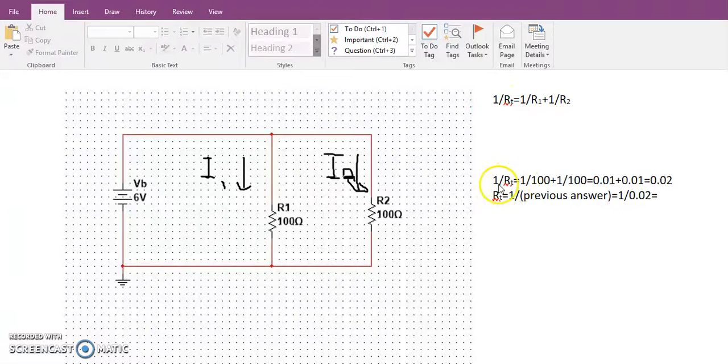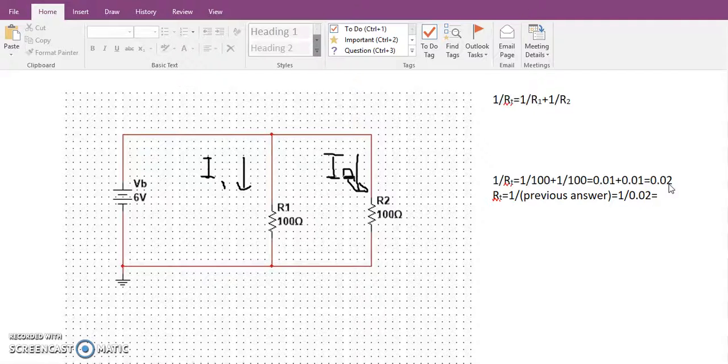I have 1 over Rtotal. This is 1 over 100 plus 1 over 100 because my R1 and R2 are each 100 ohms. So this is 0.01 plus 0.01. It's 0.02.